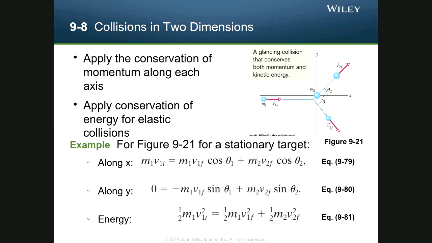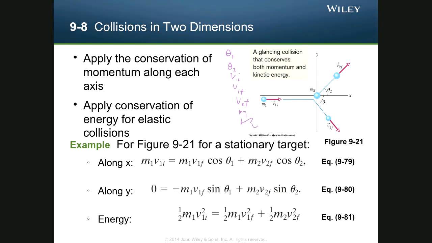We've got theta 1, theta 2, V1 initial, V1 final, V2 final. So that's 1, 2, 3, 4, 5, and then M1 and M2. Wow. So we have 7 possible unknowns here.